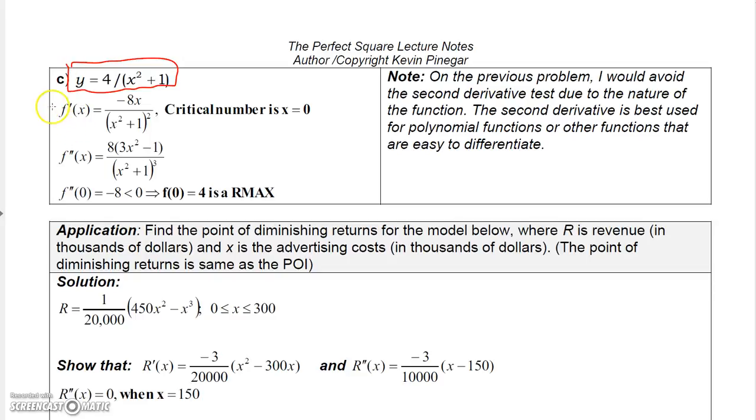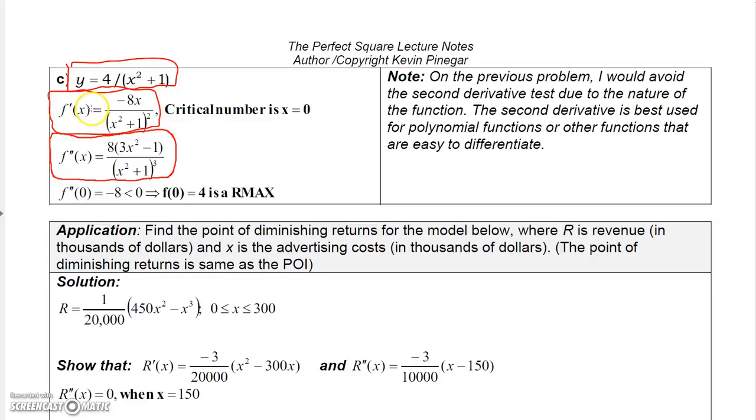Well, the first derivative I can get using the quotient rule. But then to get the second derivative, it's even more difficult. So that's why you want to use this test on functions that are easy to differentiate. And polynomials are usually easy to differentiate. So that's why I said polynomials.